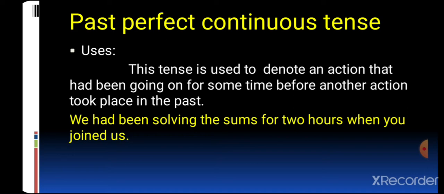It means the action of solving the sums had been going on for some time before another action, that is when you joined us, took place in the past. Here we use past perfect continuous tense to show an action that had been going on, like we had been solving the sums for 2 hours, before another action took place in the past, like when you joined us.